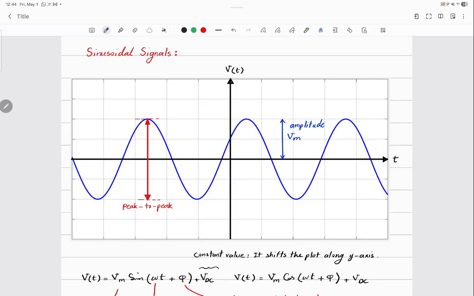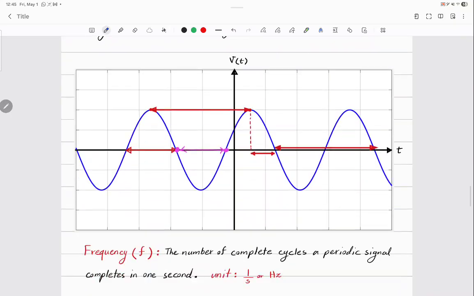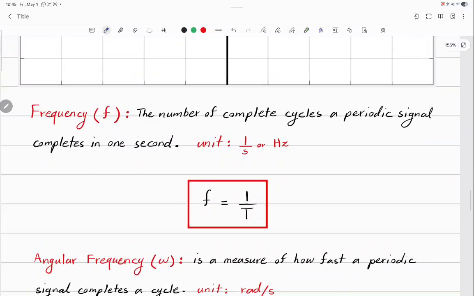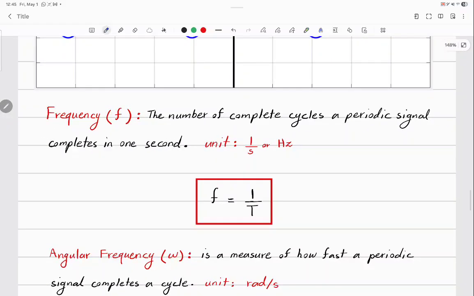So F is equal to 1/T, where capital T is defined as the period. The textbook definition of frequency is the number of complete cycles in 1 second.